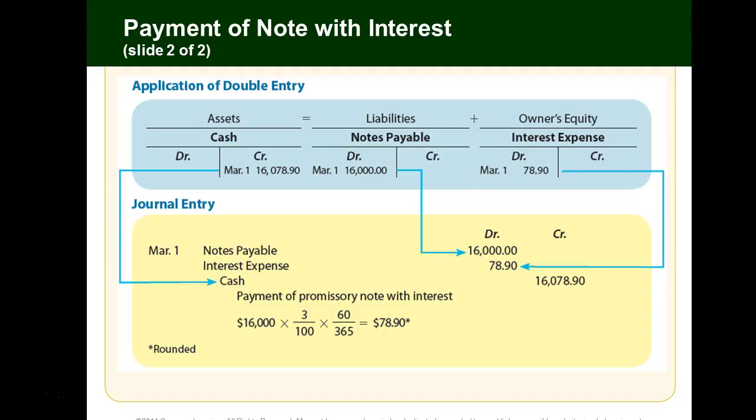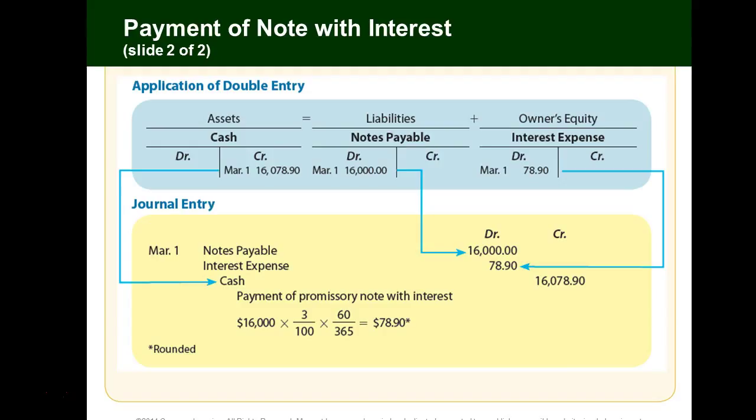The way we calculate the interest is we take the $16,000 we borrowed times 3%, or 0.03. We borrowed that money for 60 days, but there are 365 days in a year. Remember, 3% is the annual interest rate.